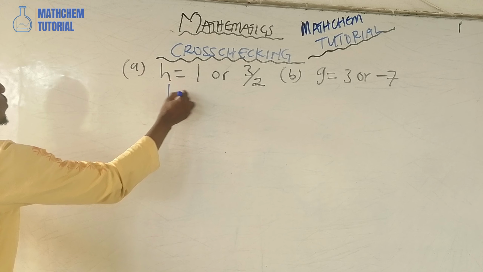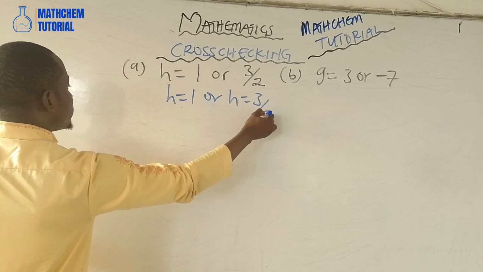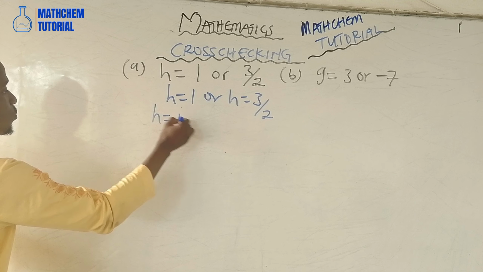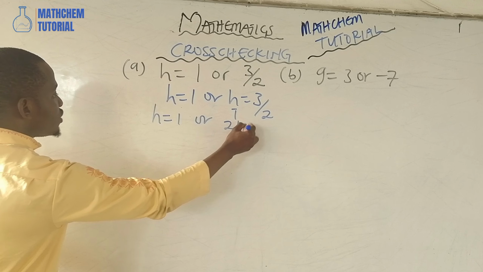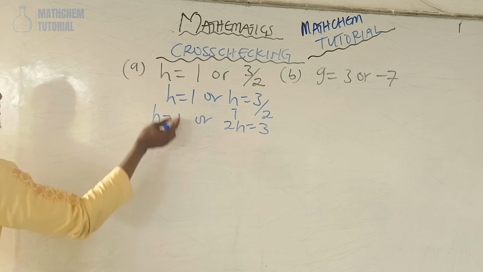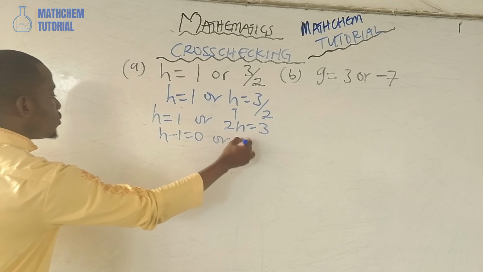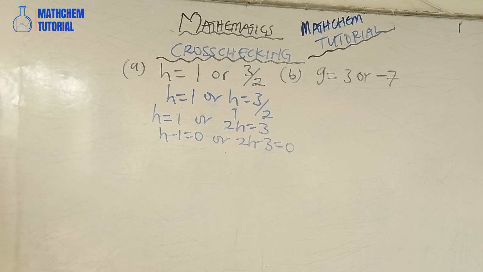So this h equals to 1 or h equals to 3 over 2. If I have it as h equals to 1, or if I cross multiply this, I have it as 2h equals to 3. So if I rearrange this, I have it as h minus 1 equals to 0, or 2h minus 3 equals to 0. So what do I do? I will multiply these two things together.